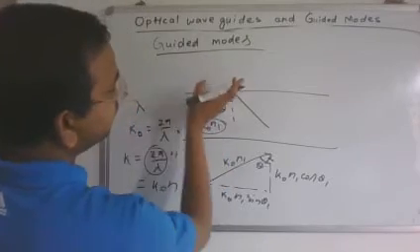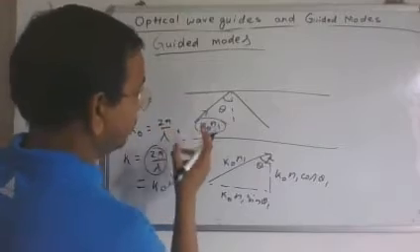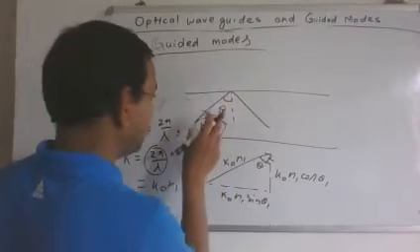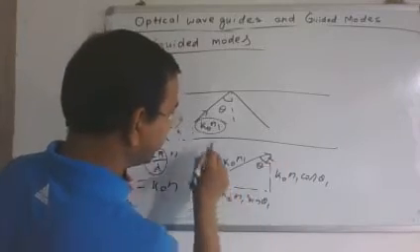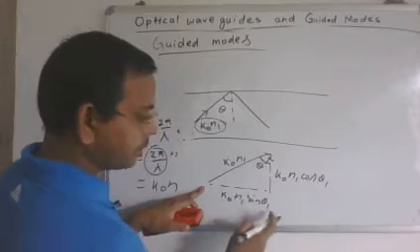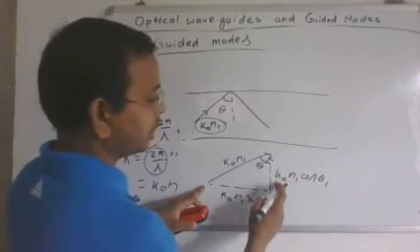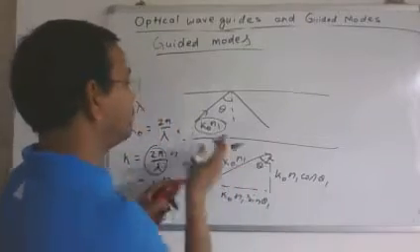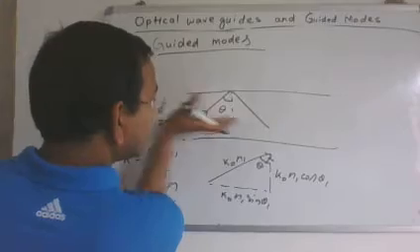Now this is going at angle theta with the normal. So we can break this vector into two different directions. So suppose in this z direction, its component is equal to k naught n1 sin theta 1, and in the vertical direction its component is equal to k naught n1 cos theta 1. So while the wave propagates in this direction, it goes some in this direction also.